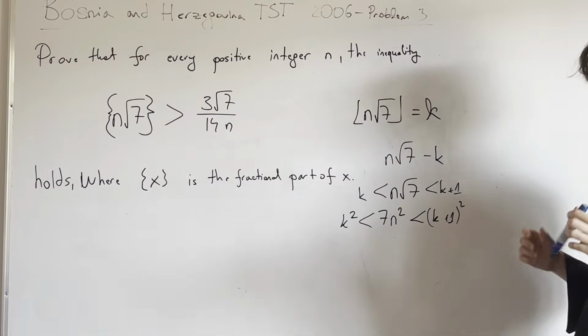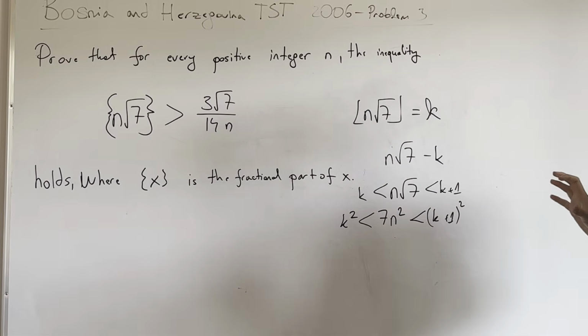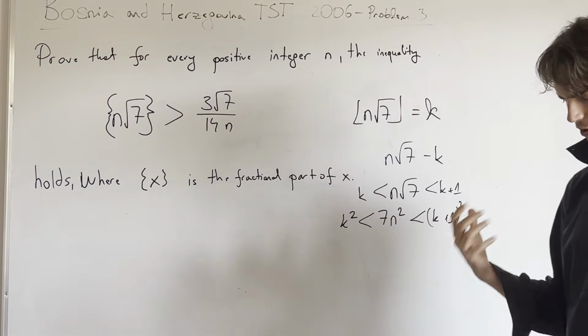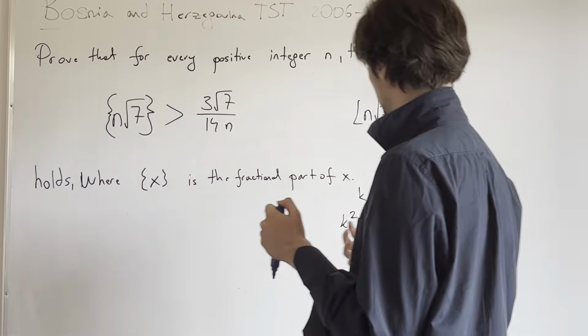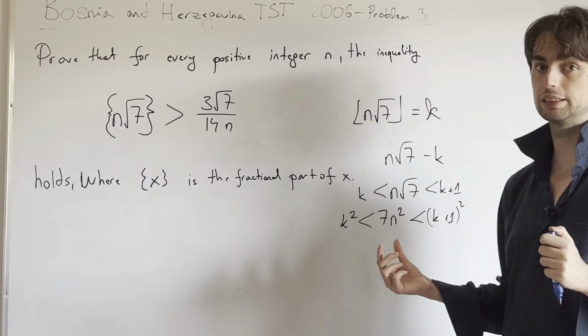And now I have a k. So k squared is going to need to be such that 7n squared is between 2 squares. But can I say anything about k if I know this to be the case?